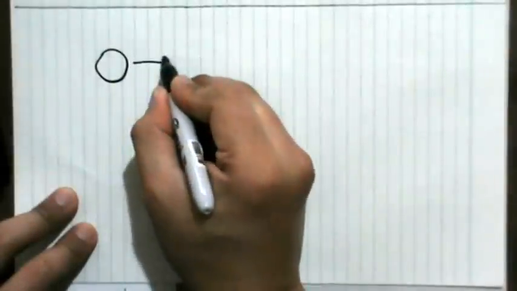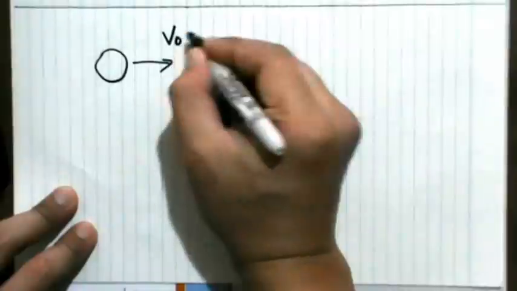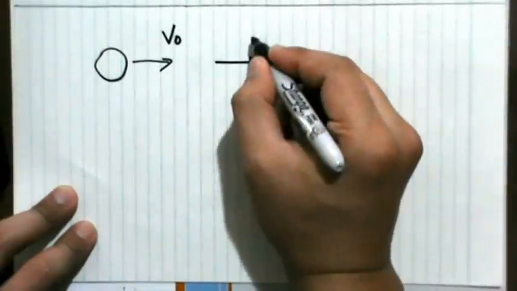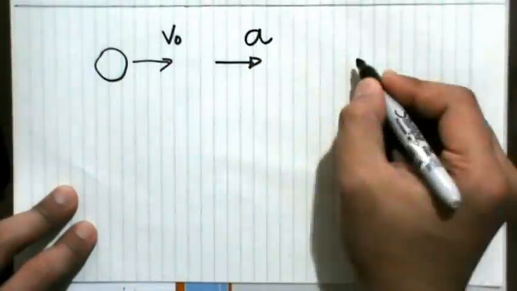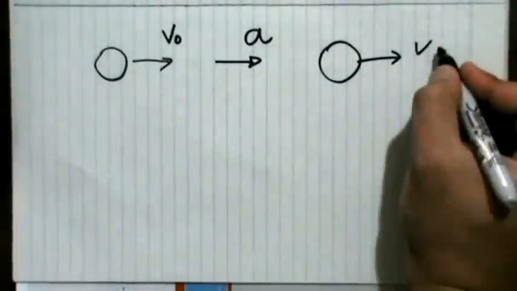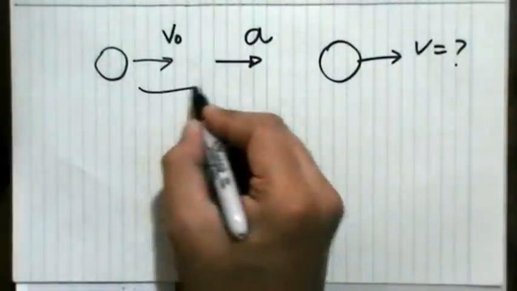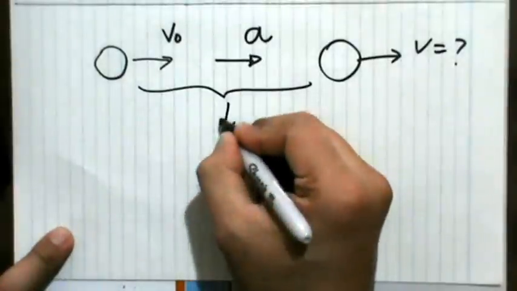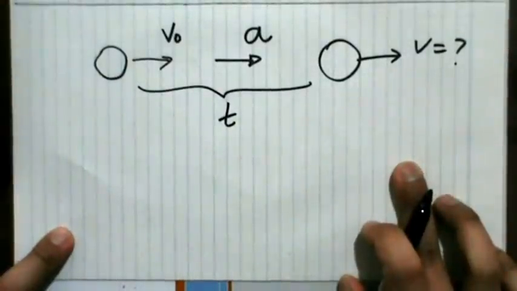And at the end, if you have an object that has an initial speed v0 and it's accelerated with a, you can find the value of the final speed after it moves for t seconds.